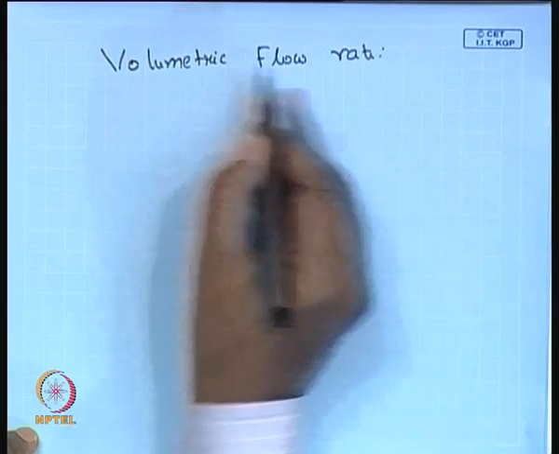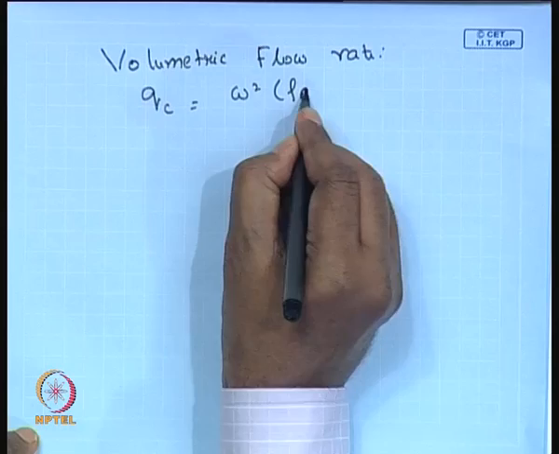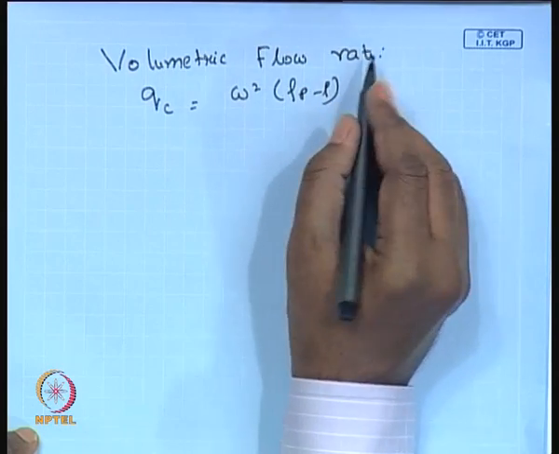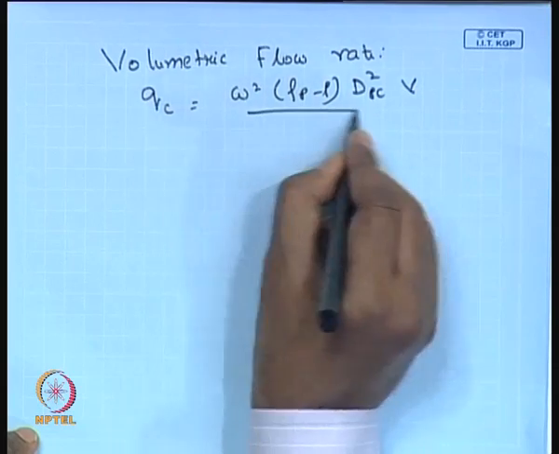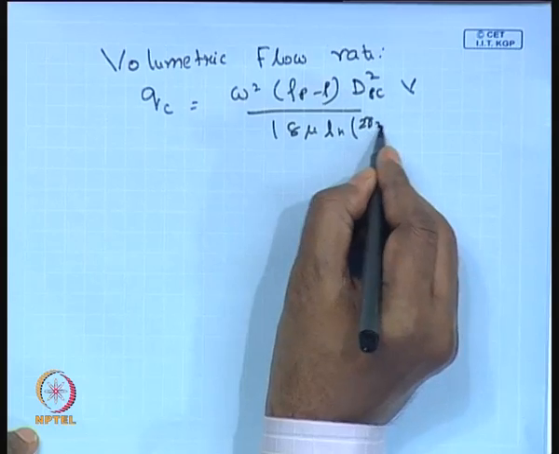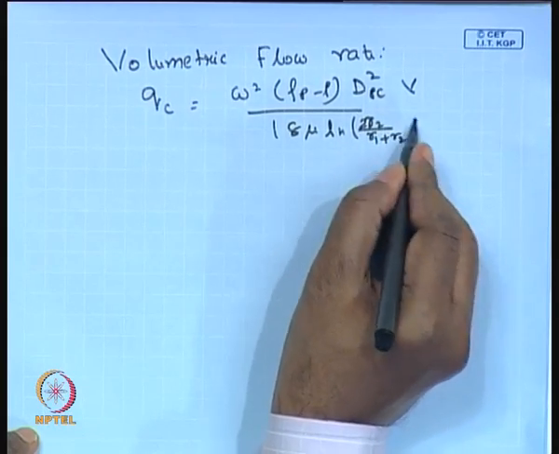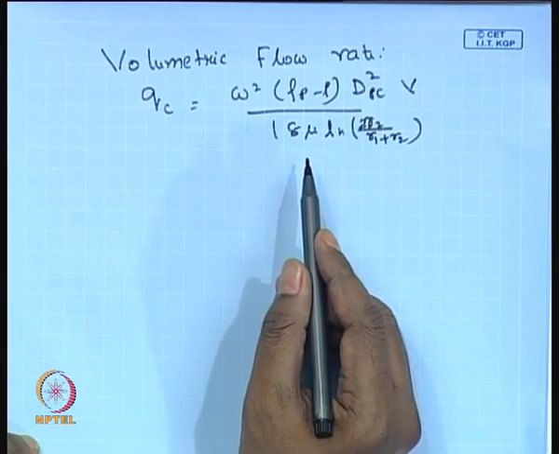Volumetric flow rate is given as QC is equal to omega square (rho p minus rho) dpc square V divided by 18 mu ln 2R2 divided by (R1 plus R2). Okay.